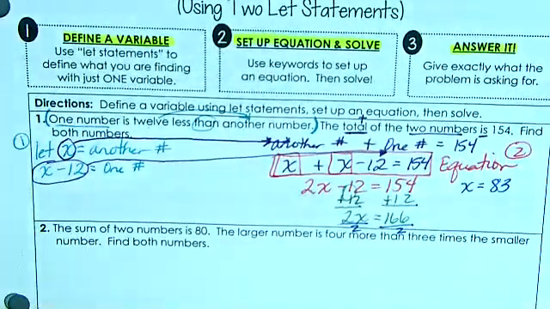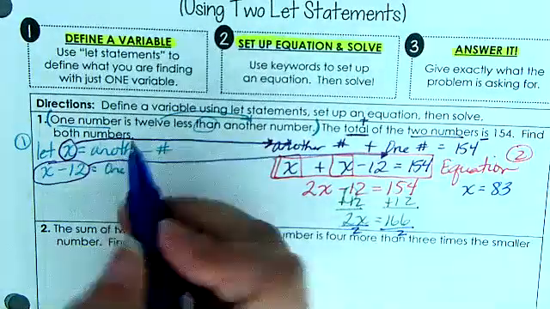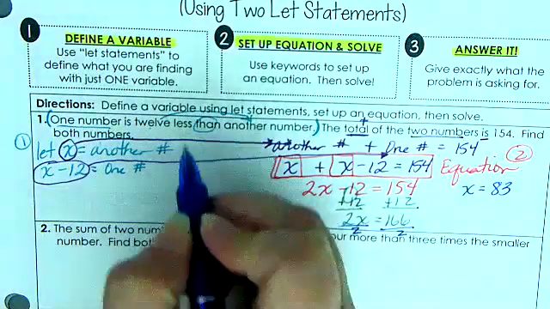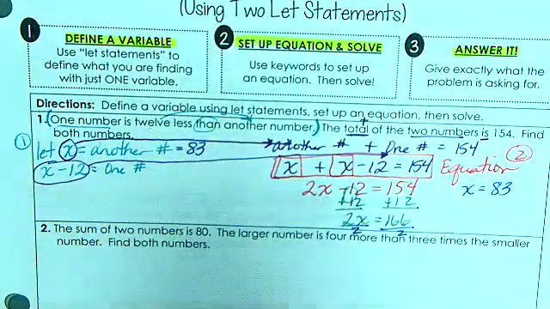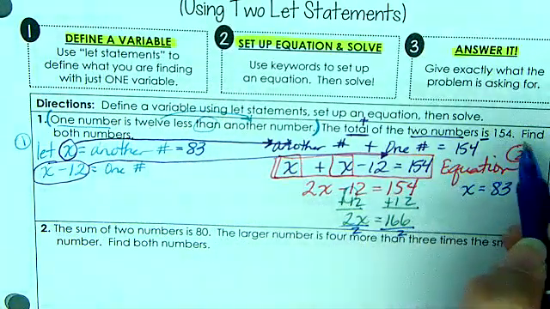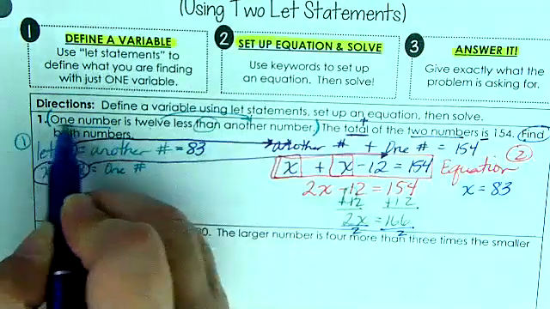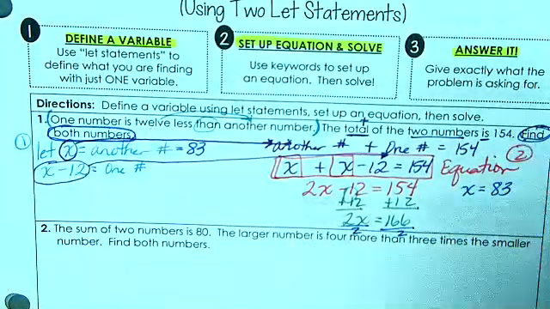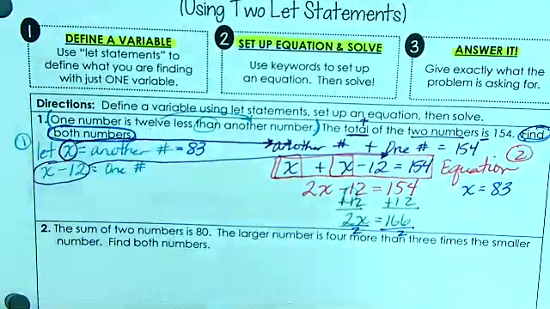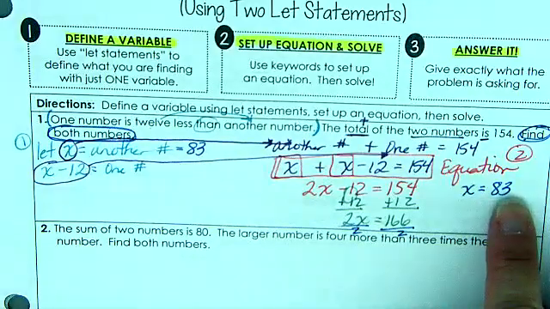So that means the another number is 83, but I've got to find both numbers because it says find both numbers. If I just get x, I haven't finished the problem.